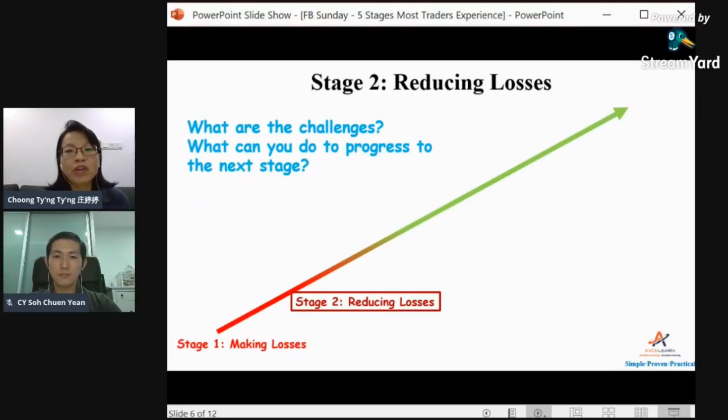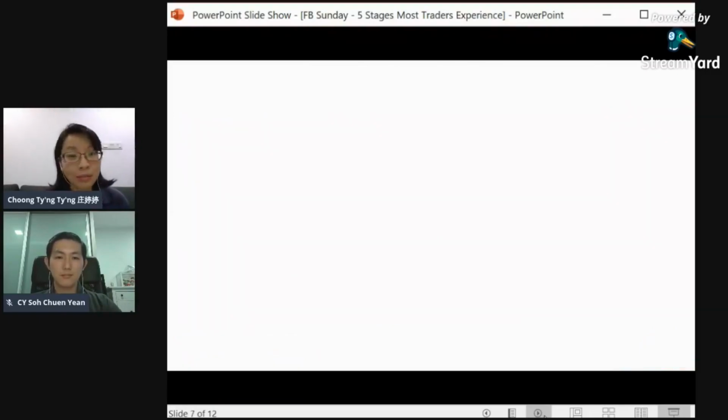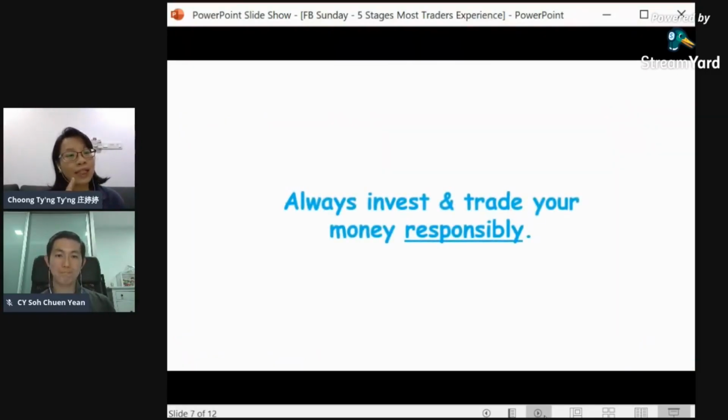So before you manage to progress, the keyword for you to progress from stage 2 to stage 3 is always invest and trade your money responsibly. I give you an example. Let's say, for example, today you decided to rent a dog. You have the responsibility to walk the dog, to feed the dog, to bathe the dog.